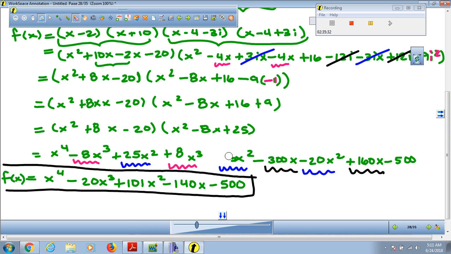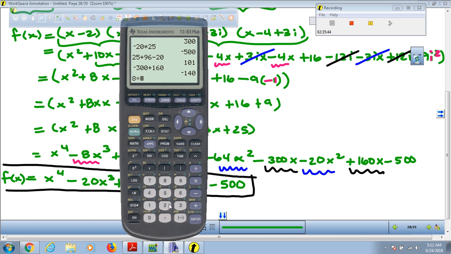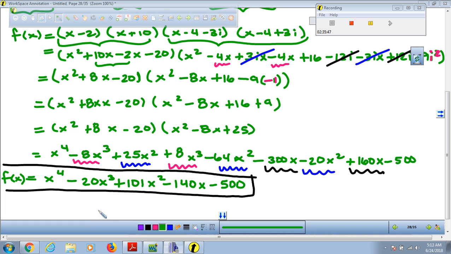Negative 64x squared. When I did this two in the middle, here at the end it's also a positive 8 times 25, positive 200x.